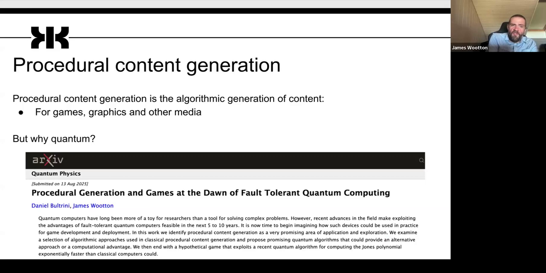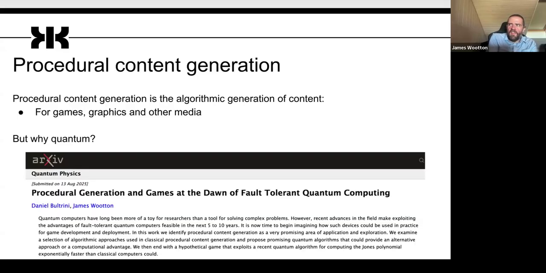So what is procedural content generation? It is the algorithmic generation of content for games or for graphics for other media. That could be generating the map that you play Civilization on. It could be generating the world that you are going to explore in Minecraft. It could be generating the next planet you visit in No Man's Sky.